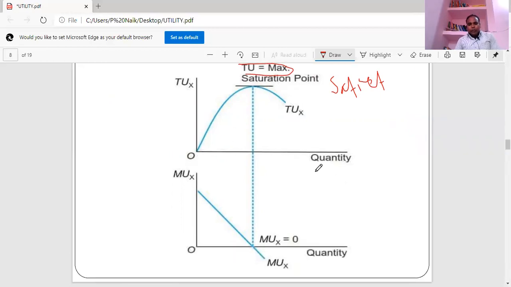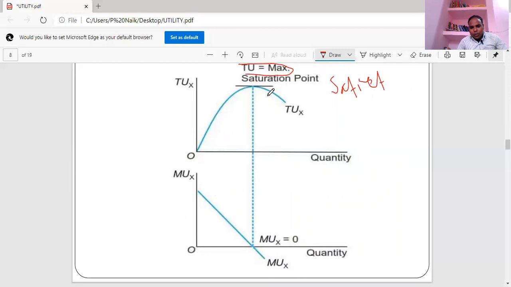We'll make the relationship here. Marginal utility is here, in relation to total utility. Where total utility is maximum, marginal utility is 0.